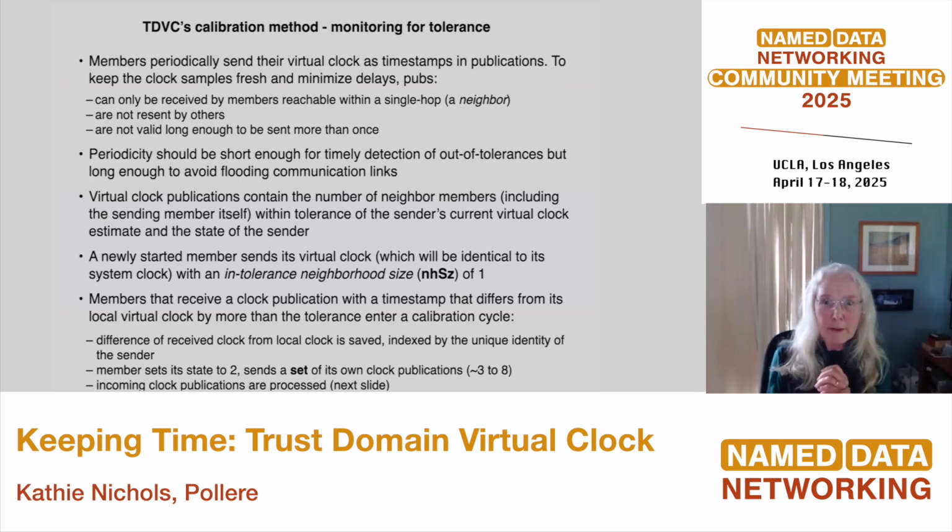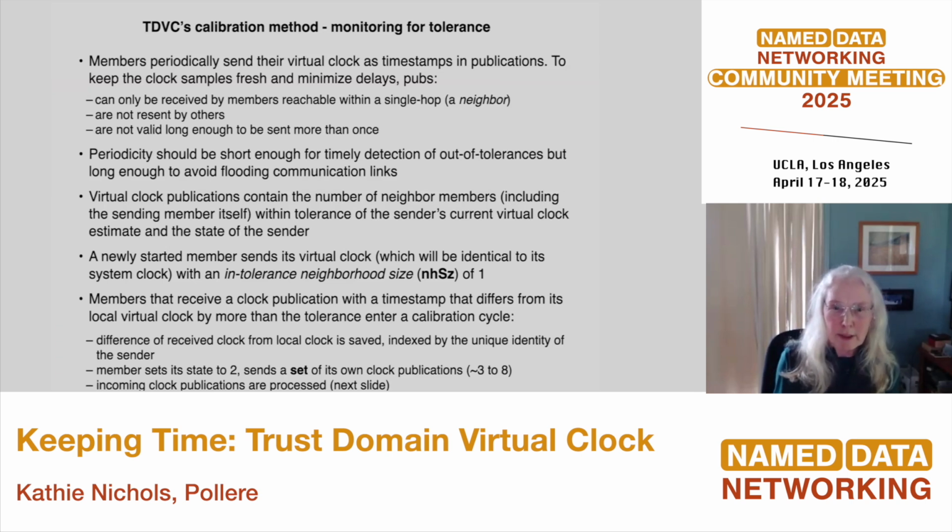And that periodicity should be short enough so that we don't let things drift too much, but we don't want to be doing it all the time and flooding the communication links, as we've seen in the last talk that can be a problem. And these publications contain the number of neighbor members. So it's like, how many people do I see in my neighborhood? And they also keep track of how many are in tolerance with that sender's current virtual clock.